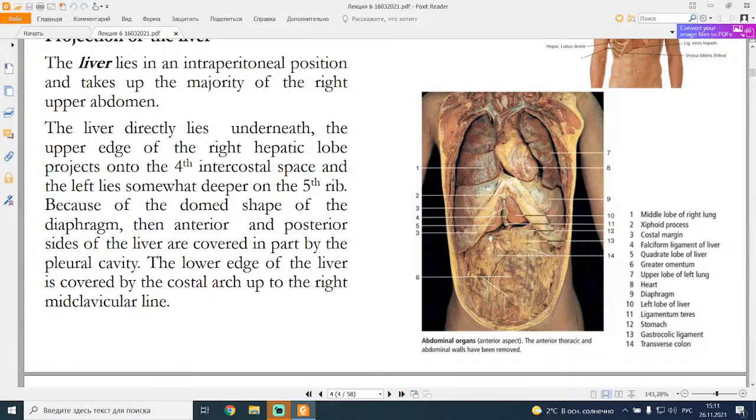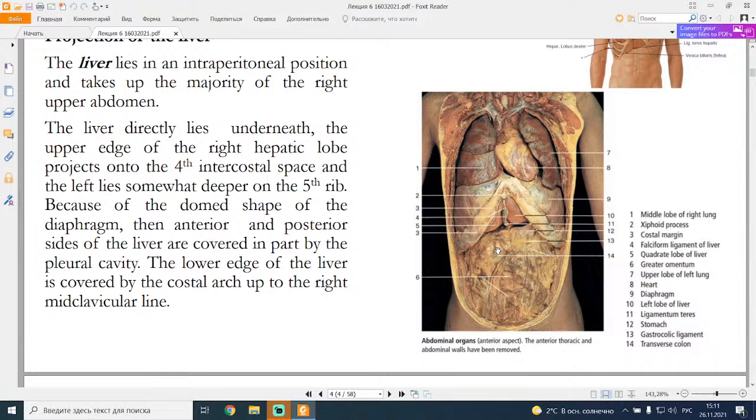The liver directly lies underneath the upper edge of the right hepatic lobe, projecting onto the fourth intercostal space, and the left lies somewhat deeper on the fifth rib.